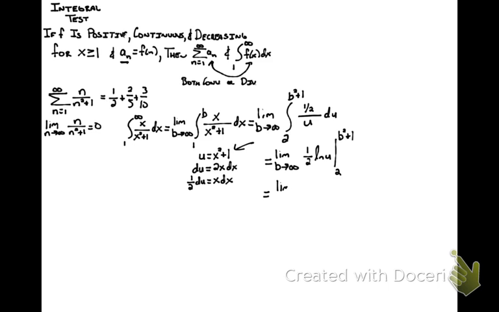And the limit as b goes to infinity of 1/2 the natural log of u was equal to x squared plus 1, and this really ought to be an absolute value. And this will be from 1 to b.